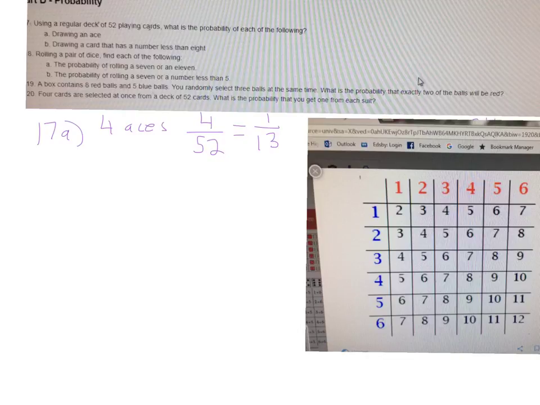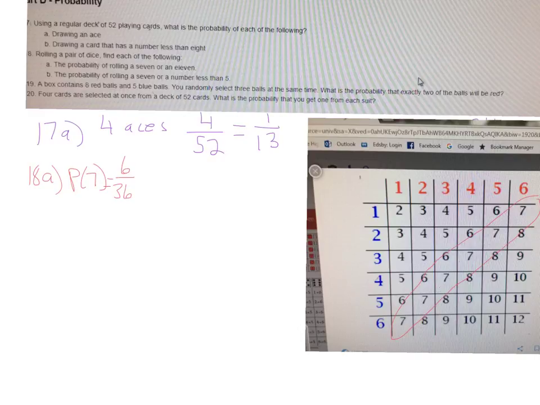And so if we're looking at question 18A, and it asks us for the probability of rolling a 7 or an 11, then we can look at the chart and we can say the probability of a 7, and then all we have to do is count them, and you notice that they're all on this diagonal here. So there's 1, 2, 3, 4, 5, 6 possibilities. And in this chart there's 36 total possibilities.